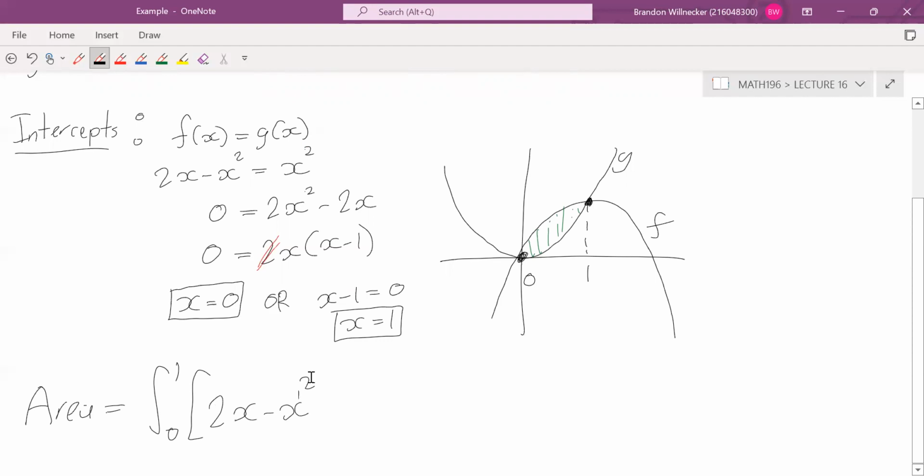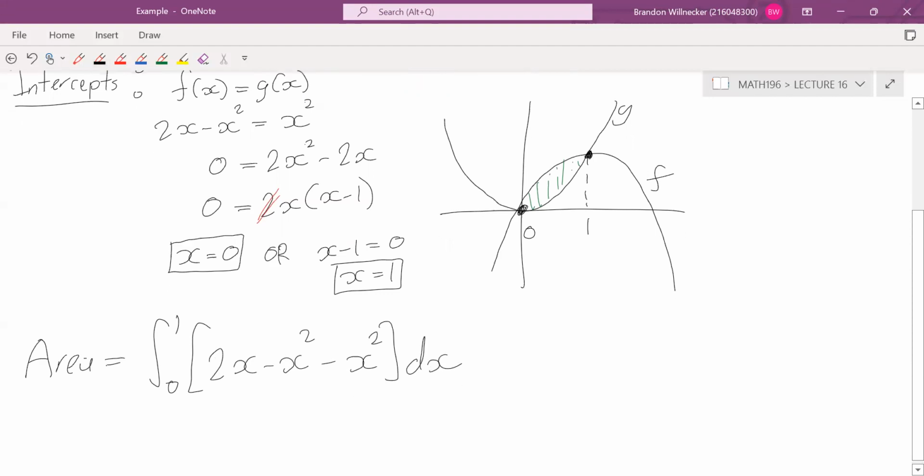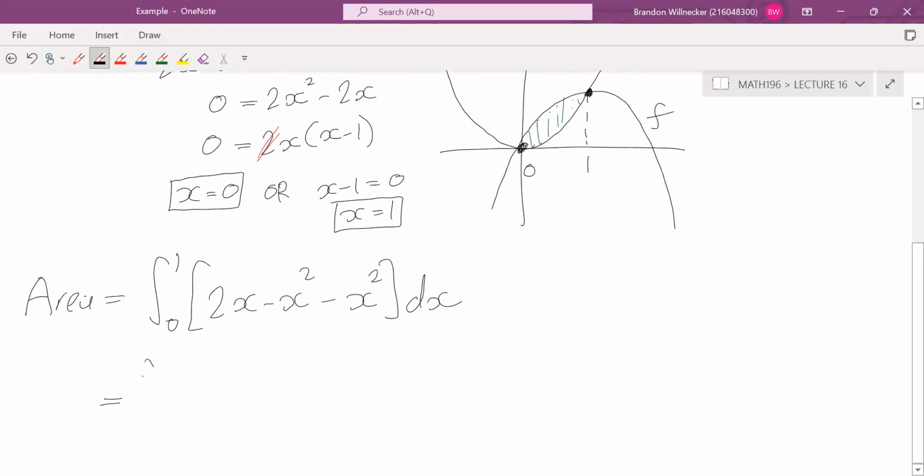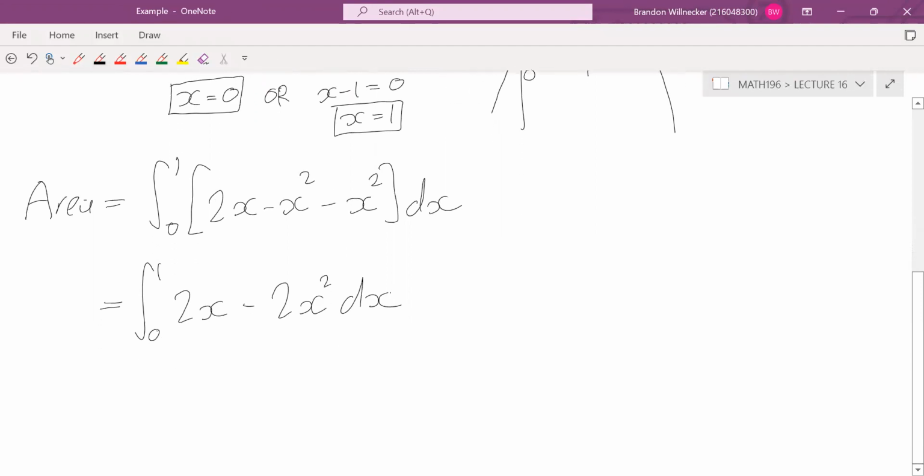That's the upper one. Minus the lower one is minus x squared dx. Okay, so this will be the integral from 0 to 1, 2x minus 2x squared dx. We can factor out the 2, and then we can integrate what's left.